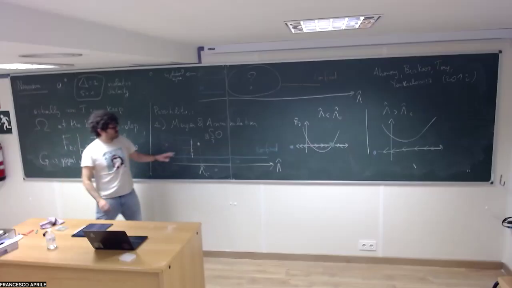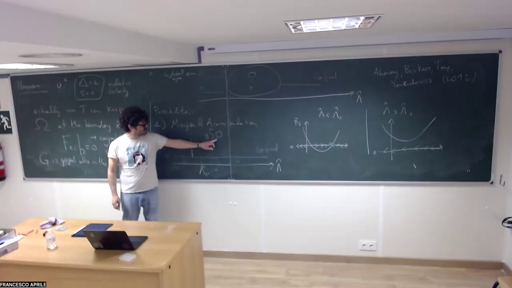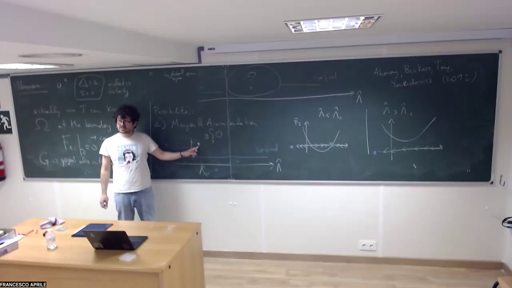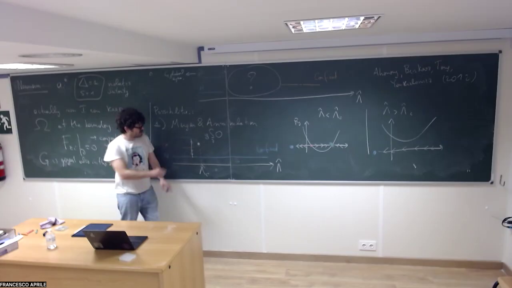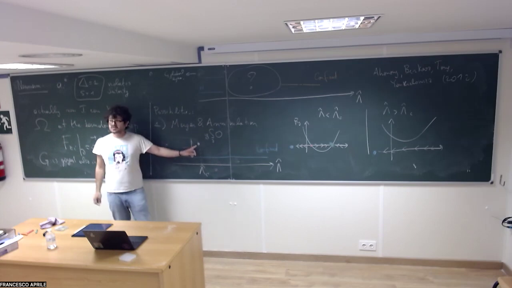Now, what is a signature of this? The signature of this is that this operator O is a singlet of the global symmetry G, because otherwise it would break it, and it must become marginal precisely at this point. Actually, maybe I forgot to say it before. Like before in the free scalar, we have the operator O squared that will become marginal precisely at the Breitenlohner-Freedman bound.